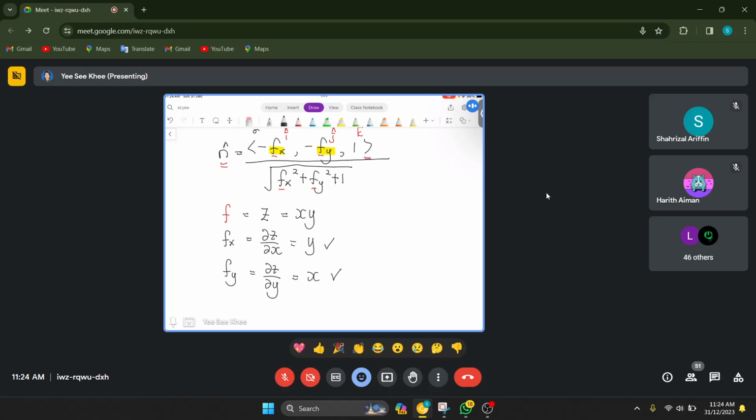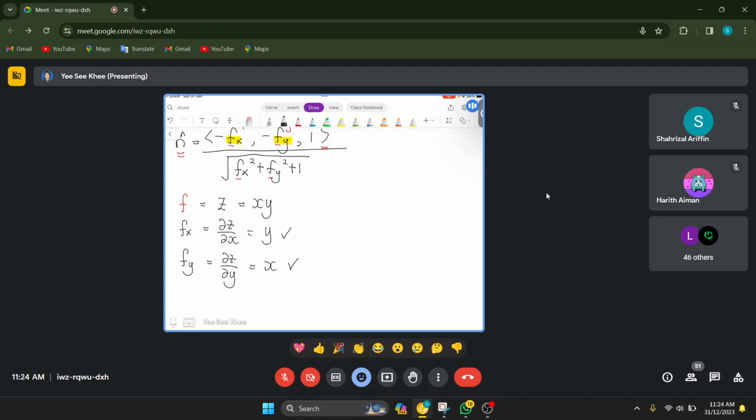After we have done the differentiations, we can write down n as (negative y, negative x, 1), divided by the square root term.